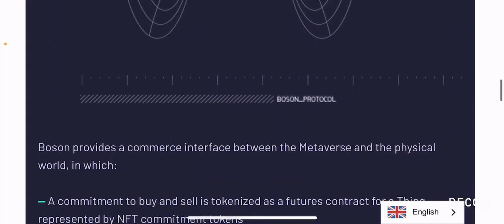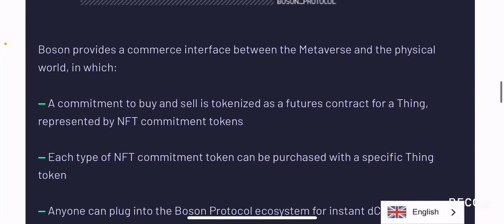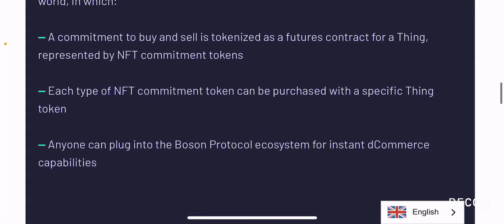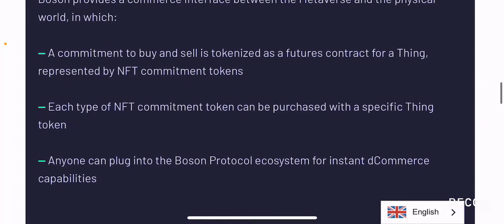Very well presented diagram. Boson provides a commerce interface between the metaverse and the physical world, in which a commitment to buy and sell is tokenized as a futures contract for a thing represented by an NFT commitment token. Again, they are now drilling deep into the mechanics of how it's working.